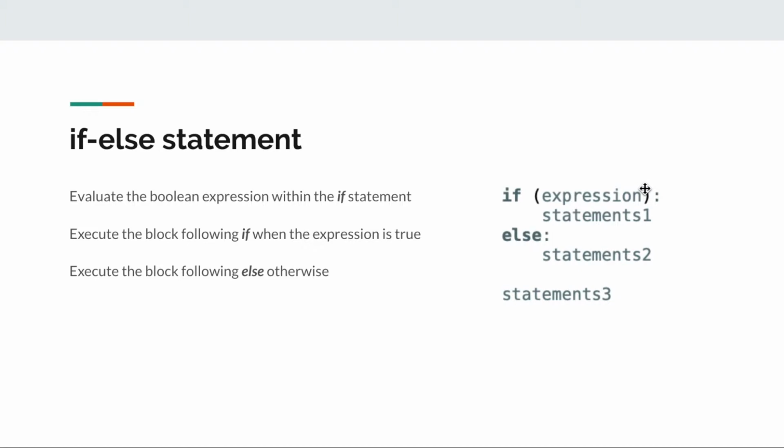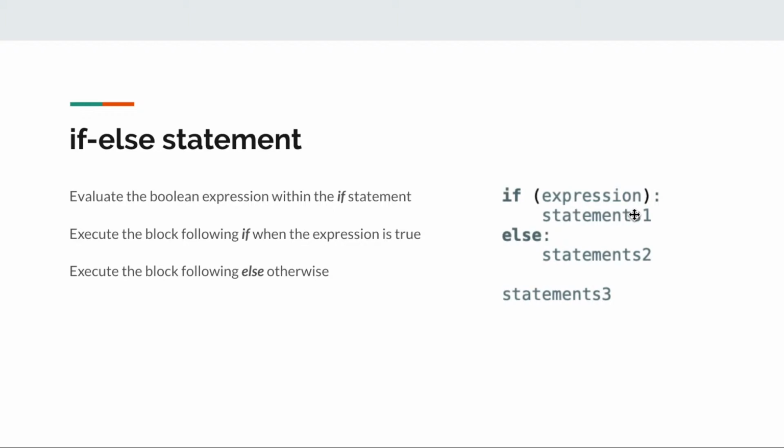If the expression evaluates to true, the program executes the statements 1 block, and then it executes the statements 3 block. If the expression evaluates to false, the program executes the statements 2 block, and then executes the statements 3 block. So these 2 blocks never get executed within the same run.